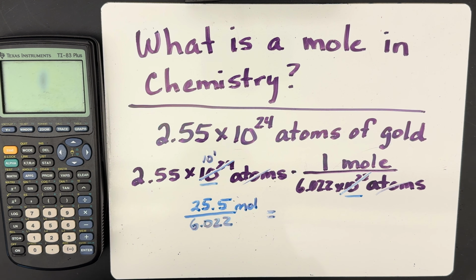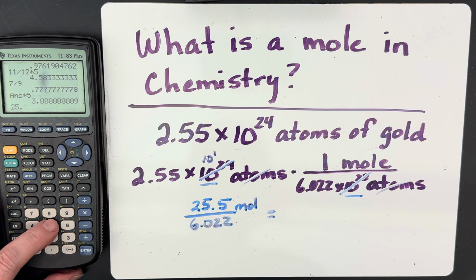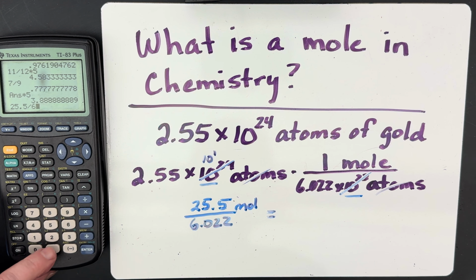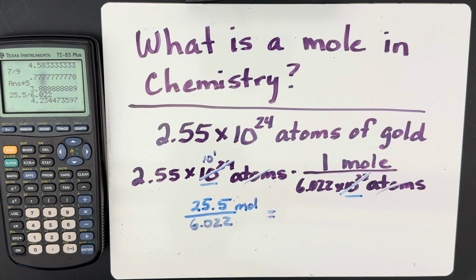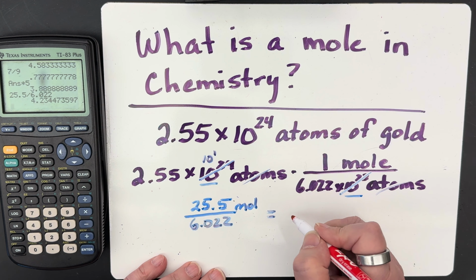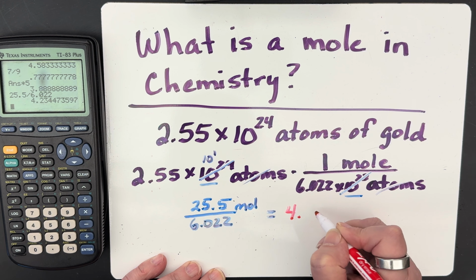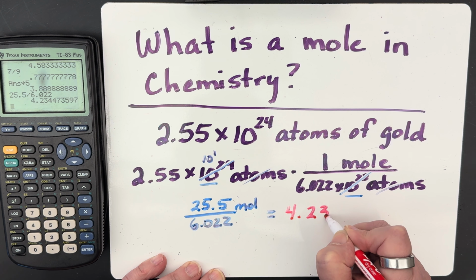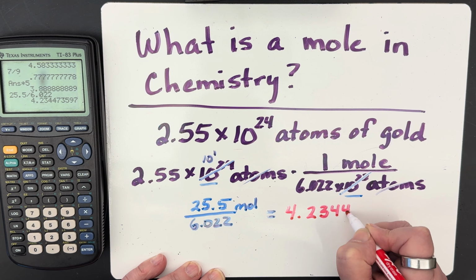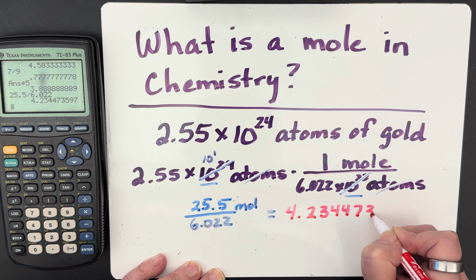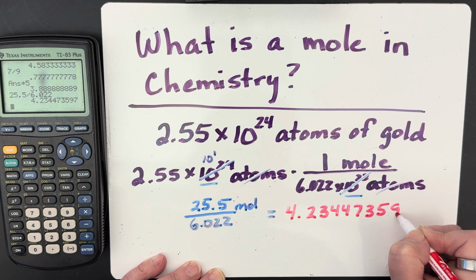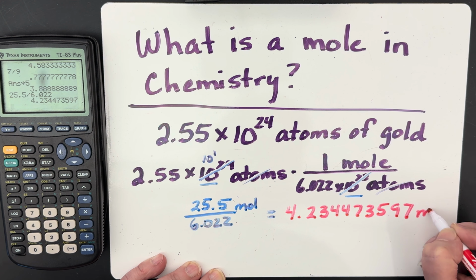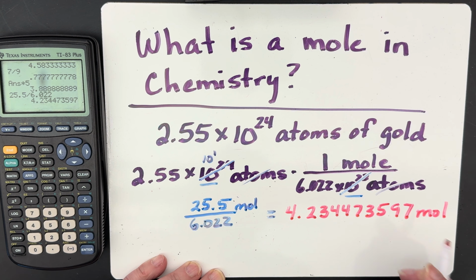So all we have to do is 25.5 divided by 6.022, and that is 4.234473597 moles. Well, that's ridiculous.